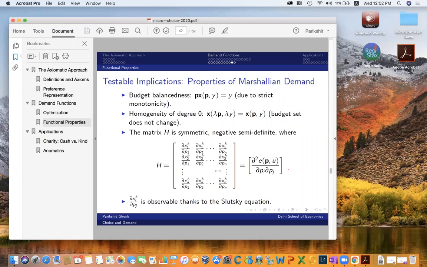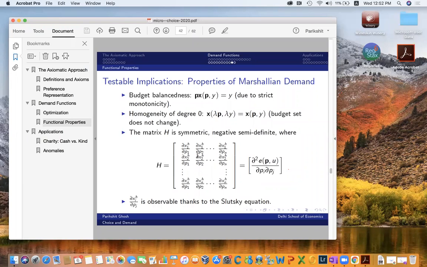The expenditure function is concave. That means this Hessian matrix is negative semi-definite, right? In the sense that I talked about.